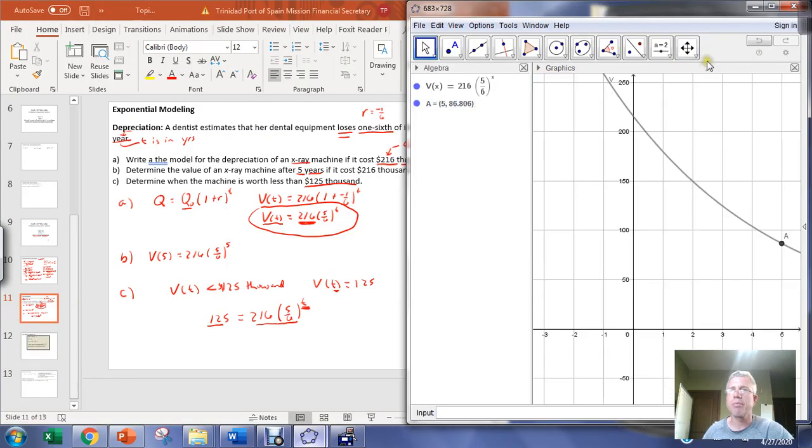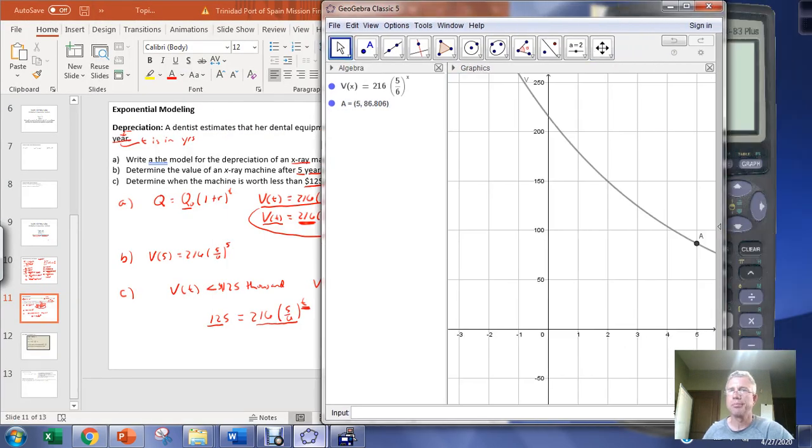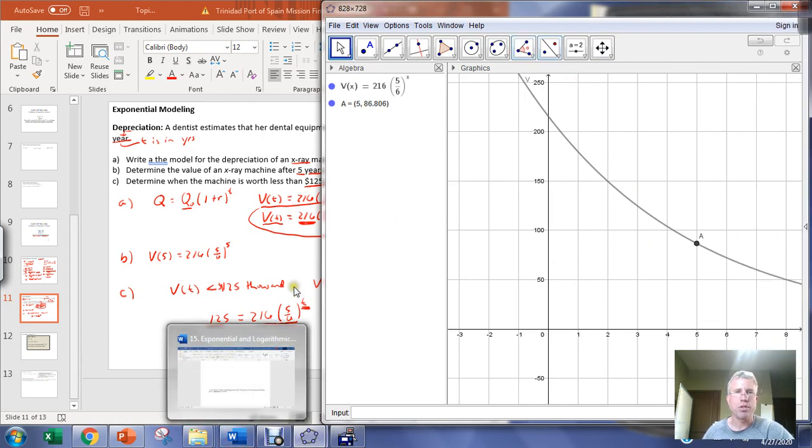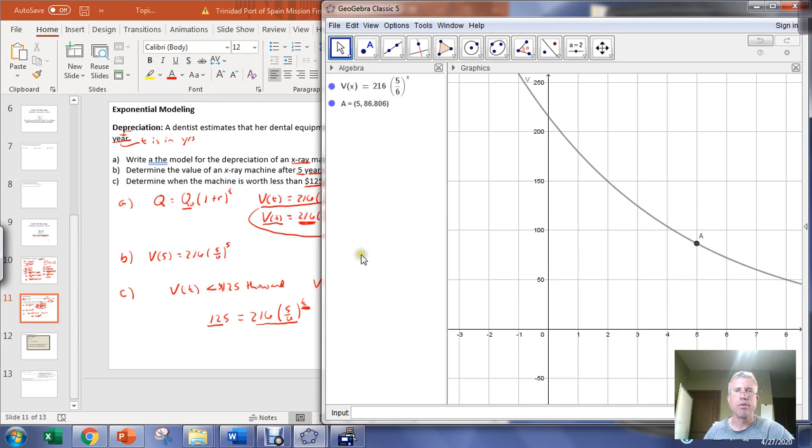I'm going to close out my window here. I've already got the function graphed. I already have the right-hand side of the function graphed. Here he is. Now I'm going to graph the line y equals 125, $125,000.